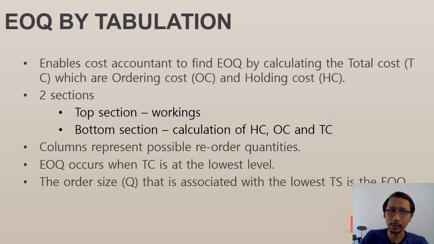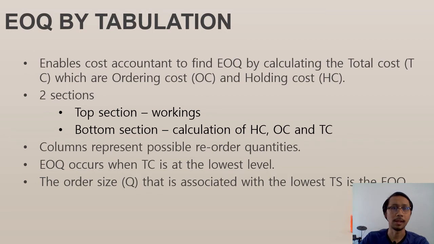The top section will be your workings, and the bottom section will be the calculation of the holding cost, ordering cost, and the total cost. You will need plenty of columns which present possible reorder quantities. Then how can you calculate your EOQ? EOQ will be determined by looking at the lowest level of the total cost. So the order size that is associated with the lowest total cost will be considered as the EOQ.